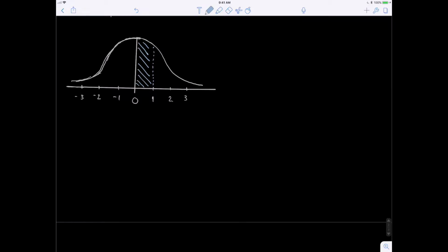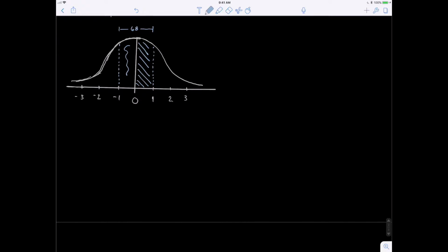Now, the empirical rule doesn't say anything about 0 to 1. It gives us this. It says that between -1 and 1, from here to here is 68%. But notice this. We also said that the standard normal curve is perfectly symmetrical about the mean, meaning that this piece on the left is exactly the same size as the piece on the right.